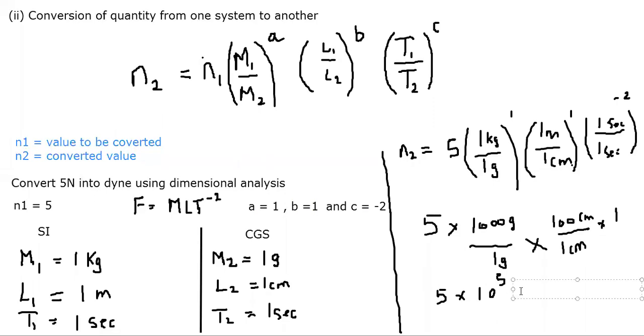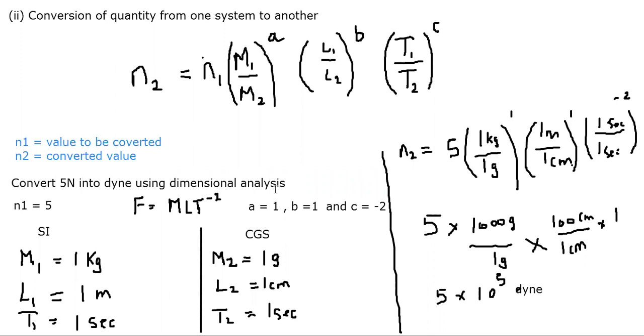This is how you have converted Newton into dyne using dimensional analysis. So by this method, you can convert from one system to another system. You can go from SI to CGS, you can go from CGS to SI. Thus the values will interchange.